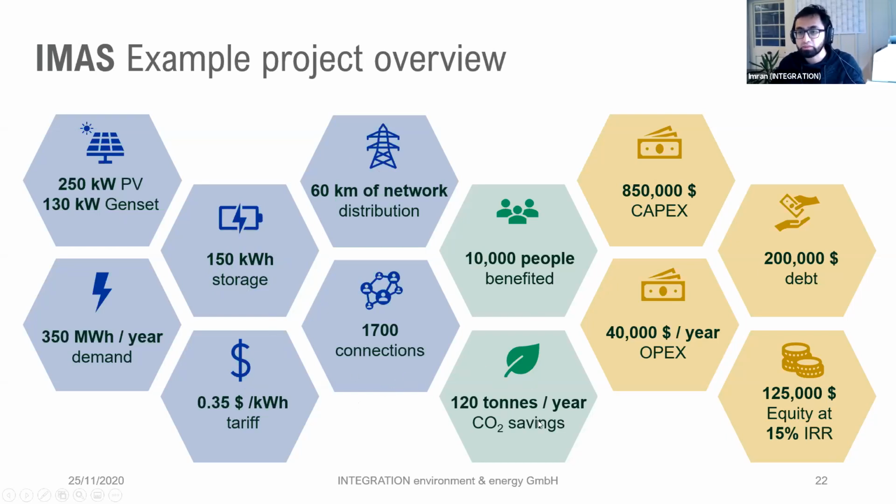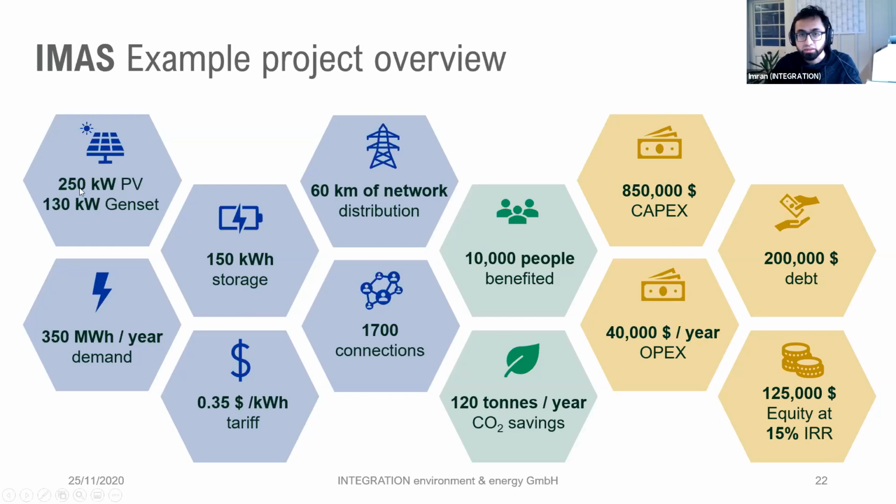And then this system is able to save around 120 tons of CO2 per year. Compared to off-grid projects, the energy and CO2 savings are less in interconnected mini grids because you are still using grid supply as well.